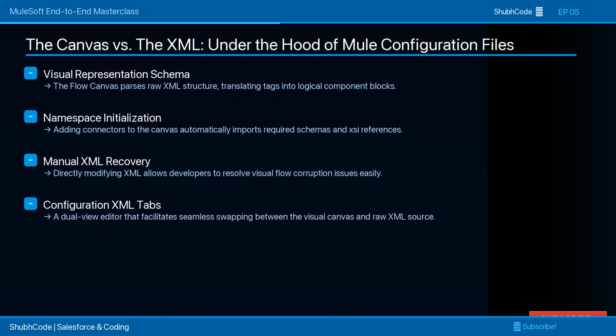For instance, dragging an HTTP connector triggers the generation of a namespace definition like xmlns:http equals http://www.mulesoft.org/schema/mule/http, and imports the corresponding XSD schema location in the schemaLocation attribute of the root Mule tag.